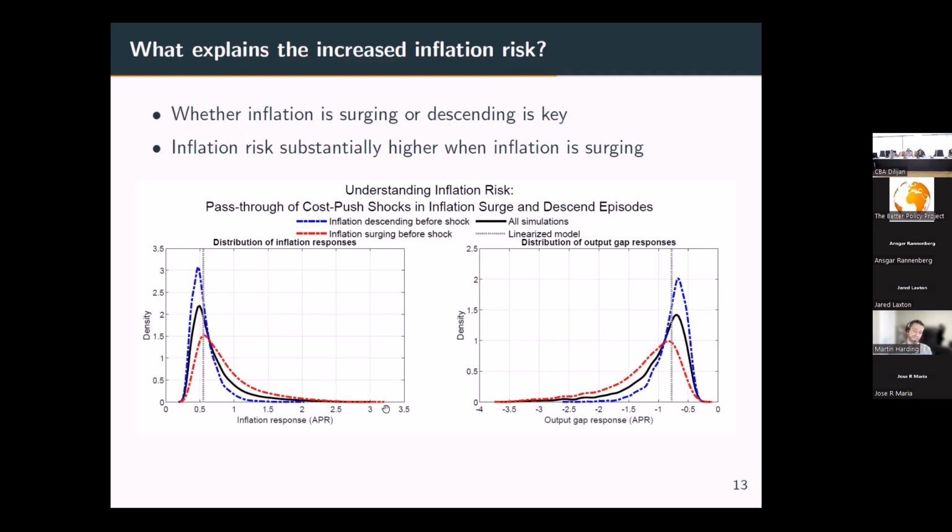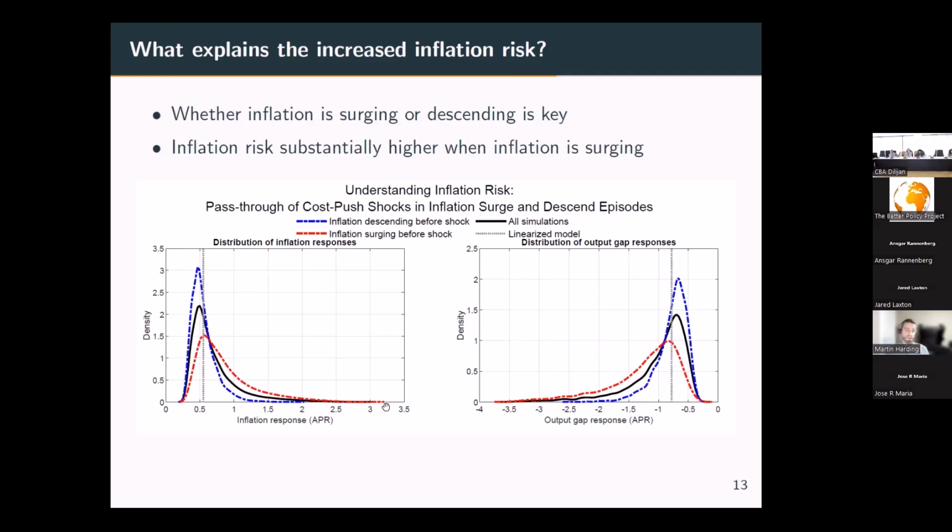So this means that in addition to the level of inflation, in the nonlinear model, inflation is going to respond much more aggressively when inflation is increasing as compared to decreasing. And this rate of change we compute simply as the 1 period change in the inflation rate in the model, so basically the variation between T and T minus 1.